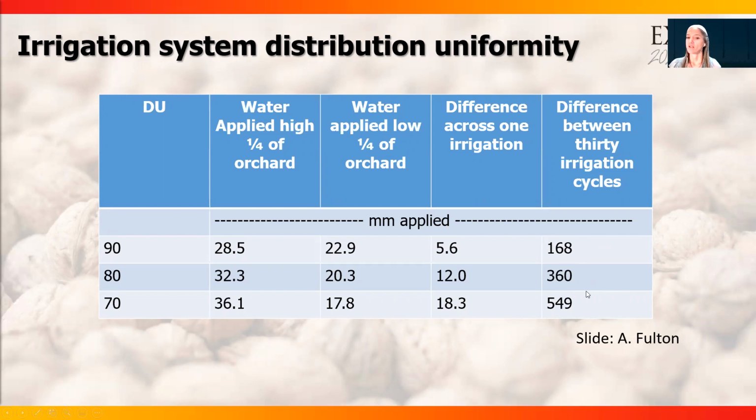So this could have large implications for saturating the root zone and creating saturated conditions that are bad for the health and longevity of the tree, subjecting it to infection from disease and other sources of abiotic stress.